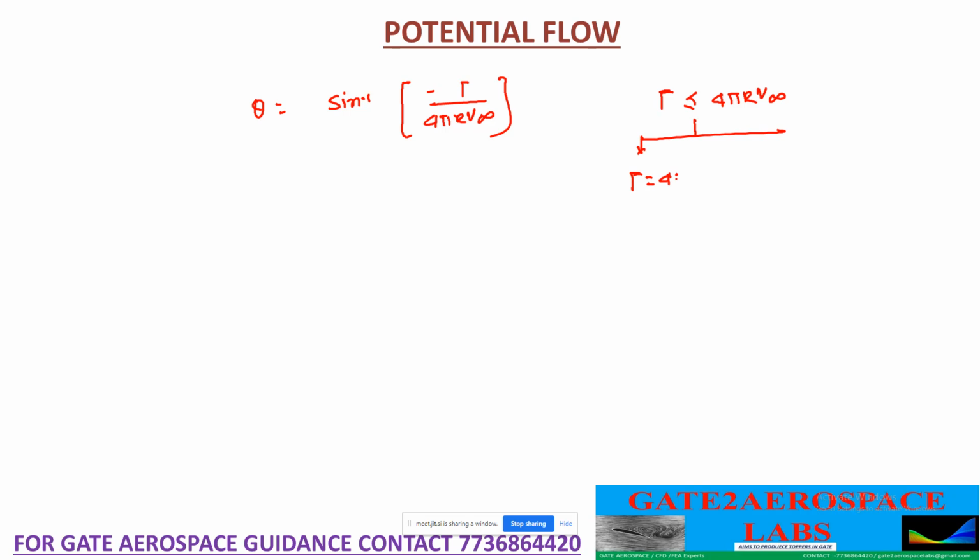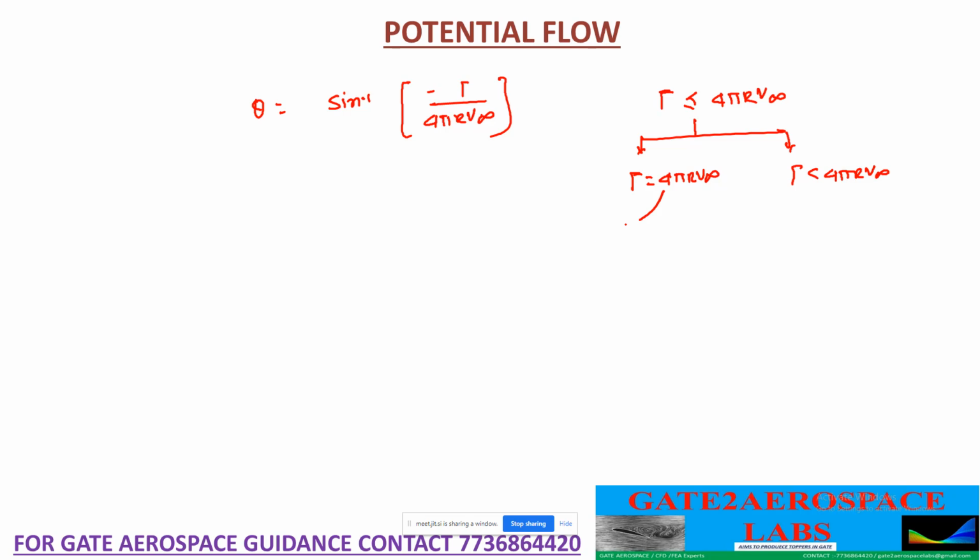Now, we have the expression of theta as sine inverse of minus tau by 4 pi r V infinity. Correct? And we are interested in this expression. In this also there are two conditions. The first is if tau is equal to 4 pi r V infinity. The other is if it is less than 4 pi r V infinity.